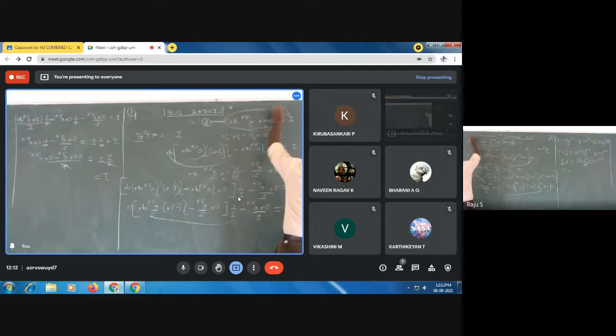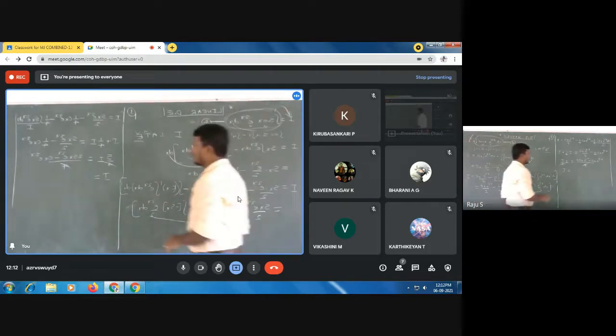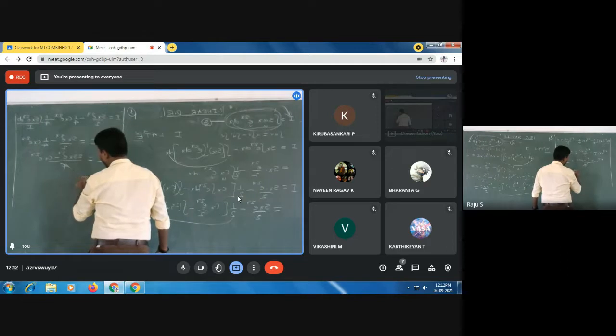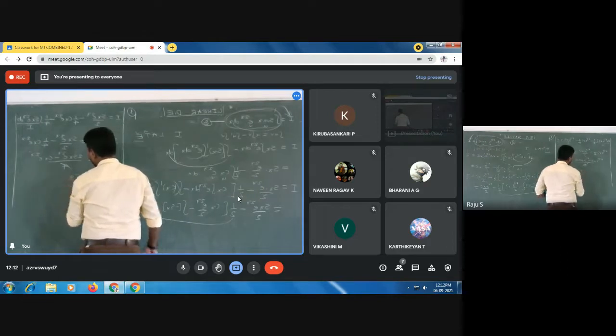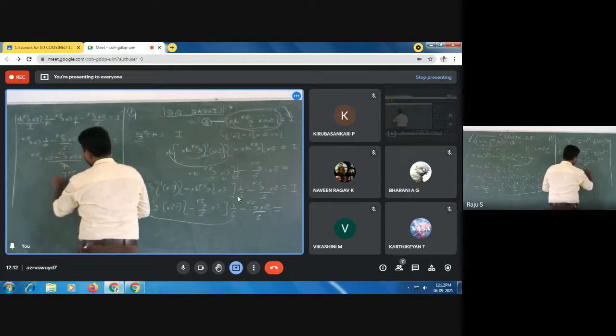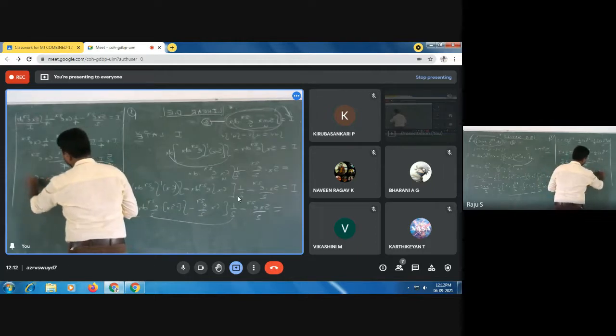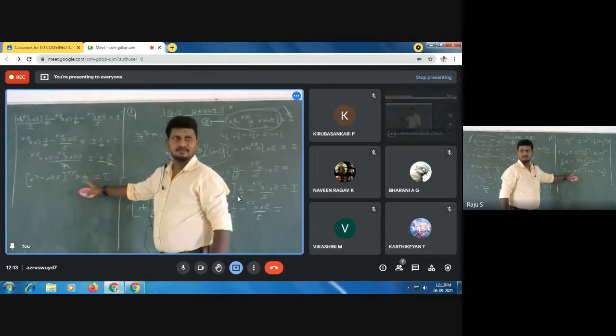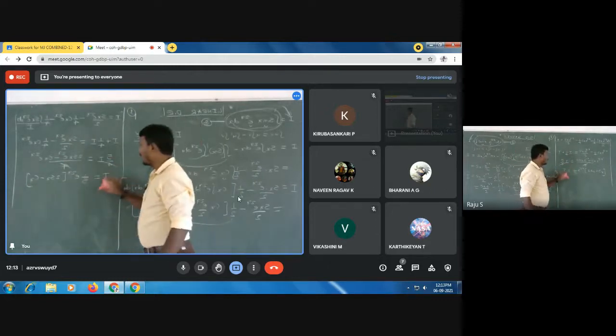This is nothing but the I value required. So cross multiply 5. So 1 by 5 times, take e power 2x common, take it outside: 2 sin x minus cos x. This is the right side value. This I value can be replaced.